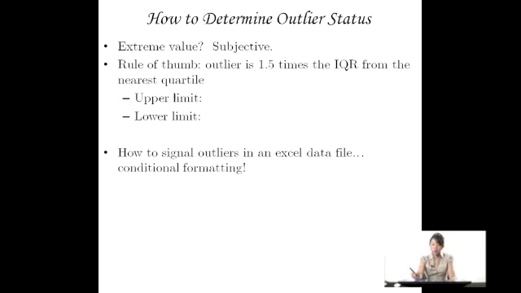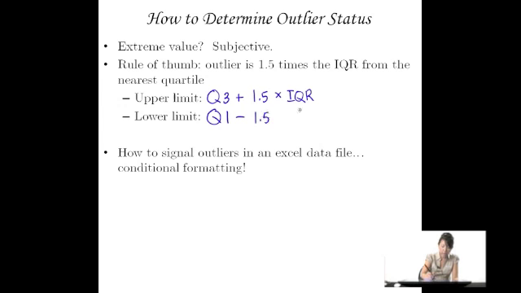So the upper limit is Q3 plus 1.5 times the interquartile range. That's the upper limit boundary. The lower limit boundary would be from Q1, and because we're going lower, we're subtracting 1.5 times the interquartile range.